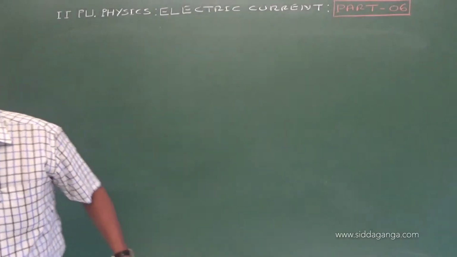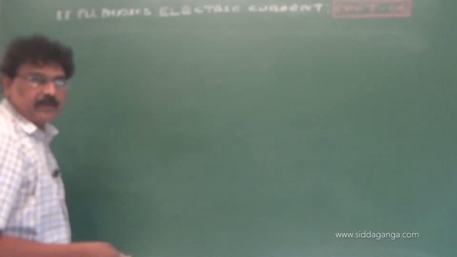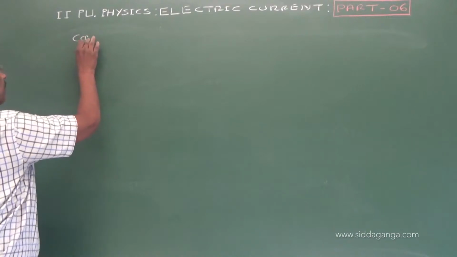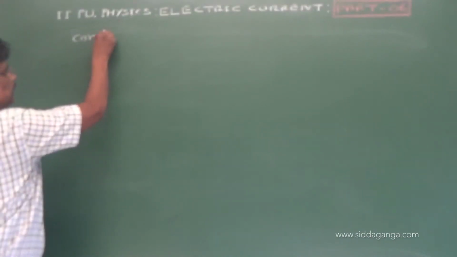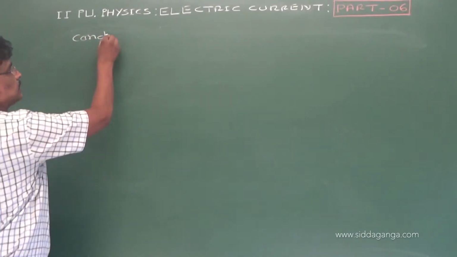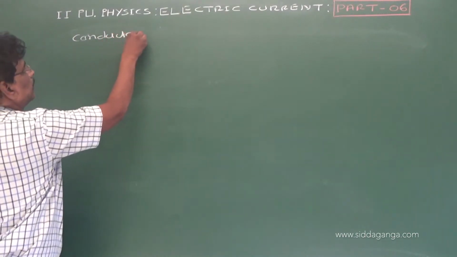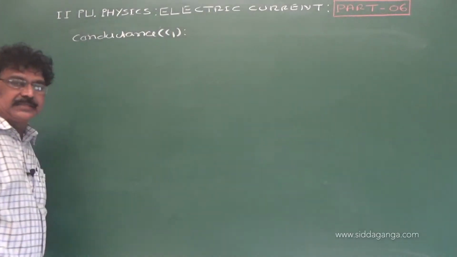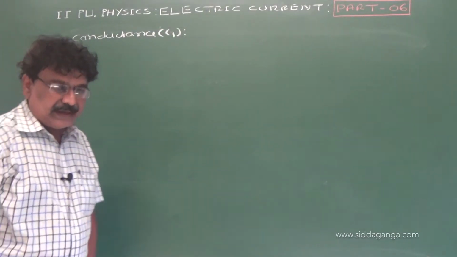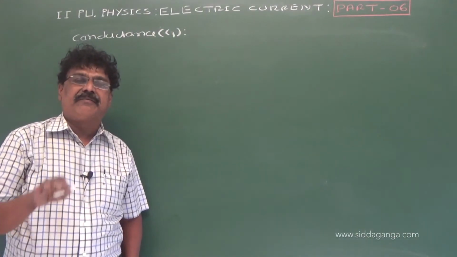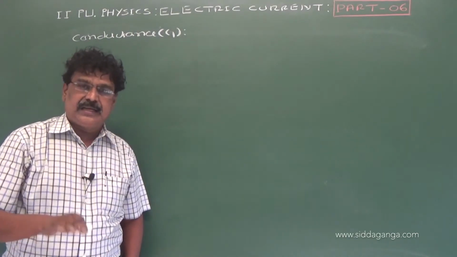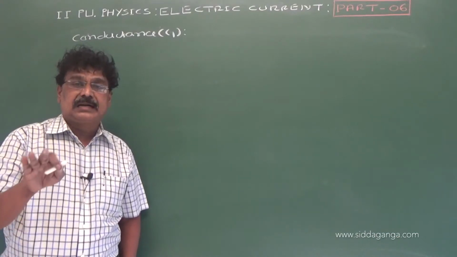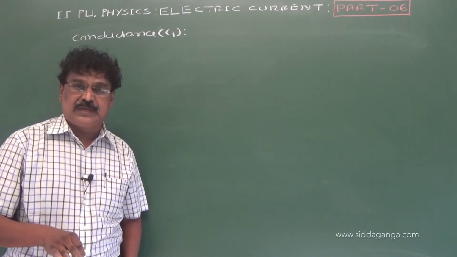Now, another quantity which we use in the study of electric current is conductance, denoted by the symbol G. Conductance of a conductor is the ability of the conductor to allow electric charges to pass through it.